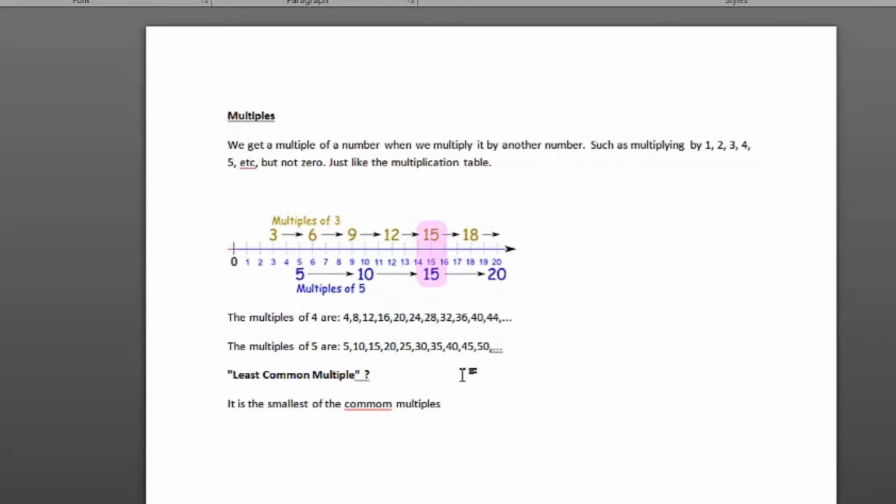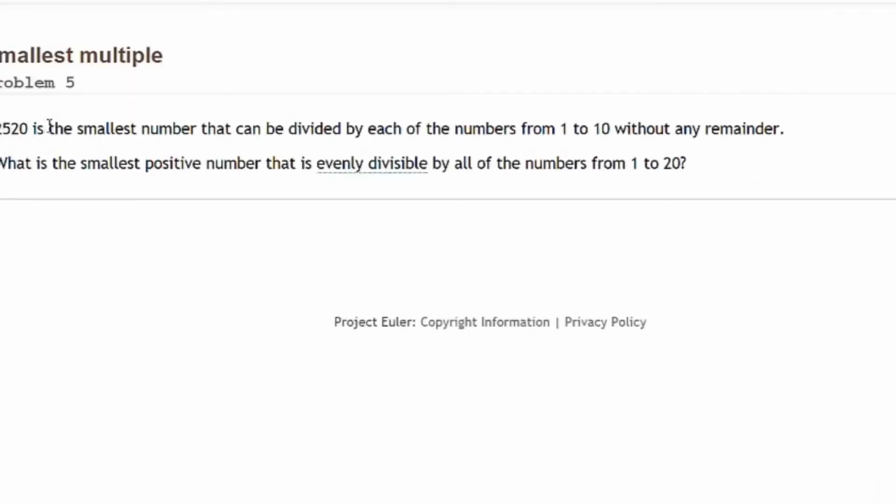Now, the problem states that 2,520 is the smallest number that can be divided by each of the numbers from 1 to 10. Another way to phrase that is: what is the least common multiple of all the values between 1 and 10?